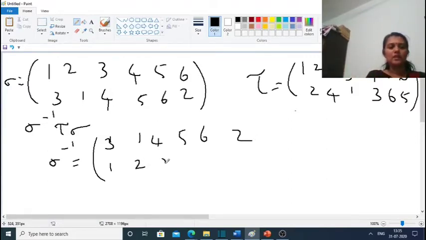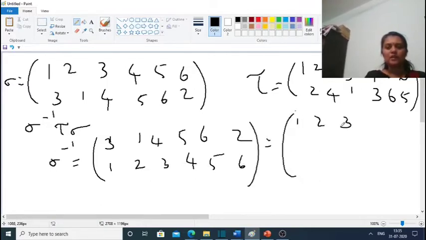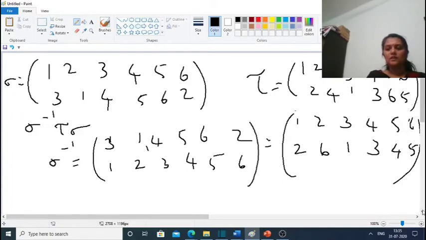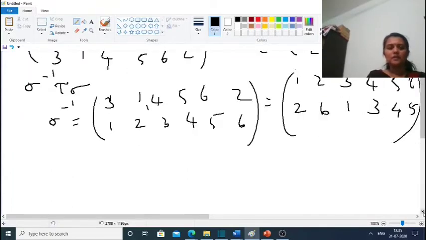Next we have to write in order. So under 1 is 2, under 2 is 6, under 3 is 1, under 4 is 3, under 5 is 4, under 6 is 5. So this is sigma inverse. Now we have to find sigma inverse tau.